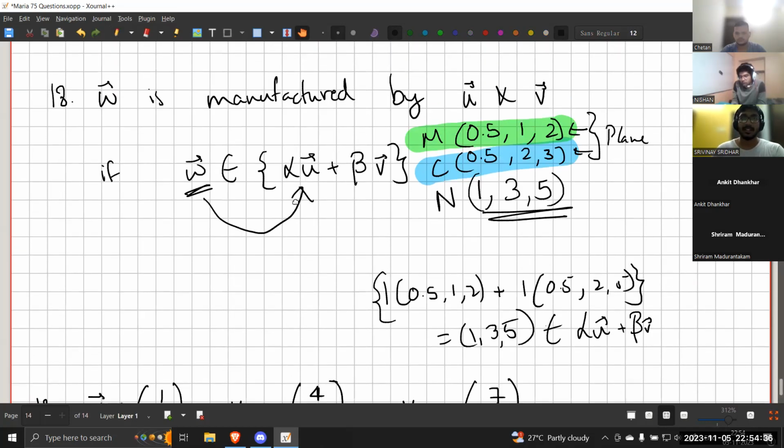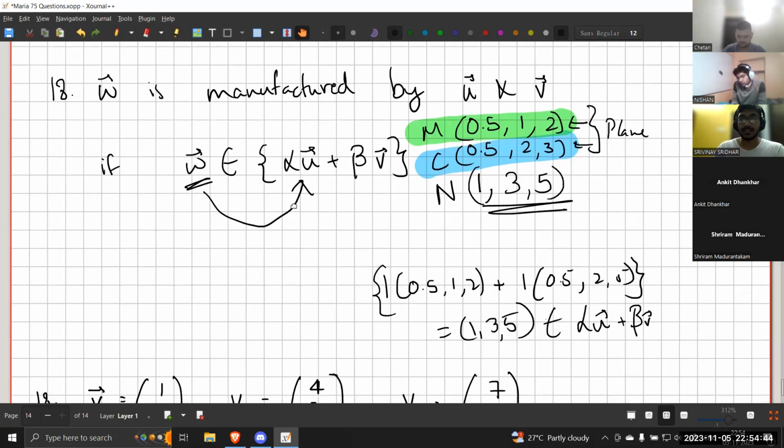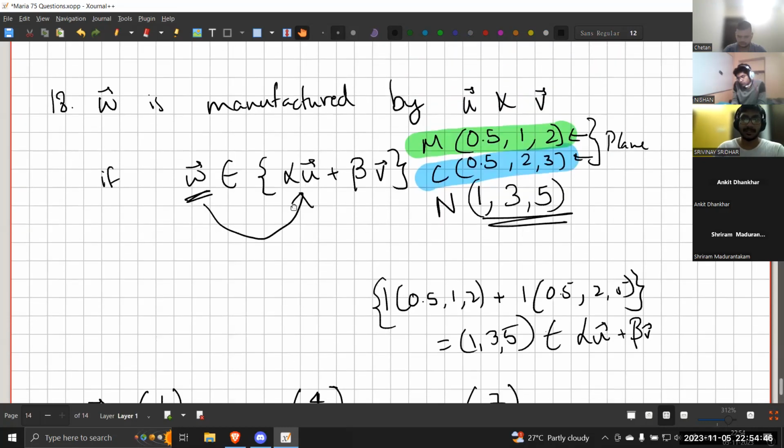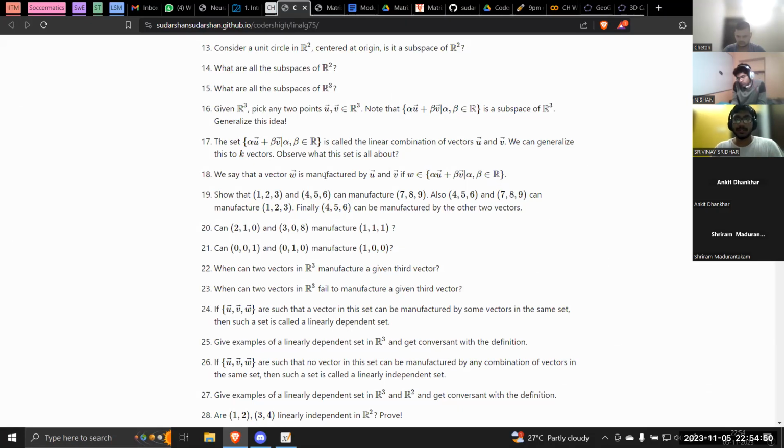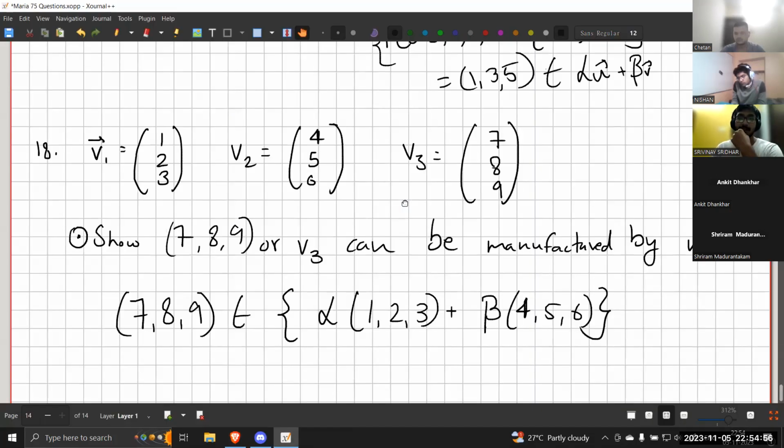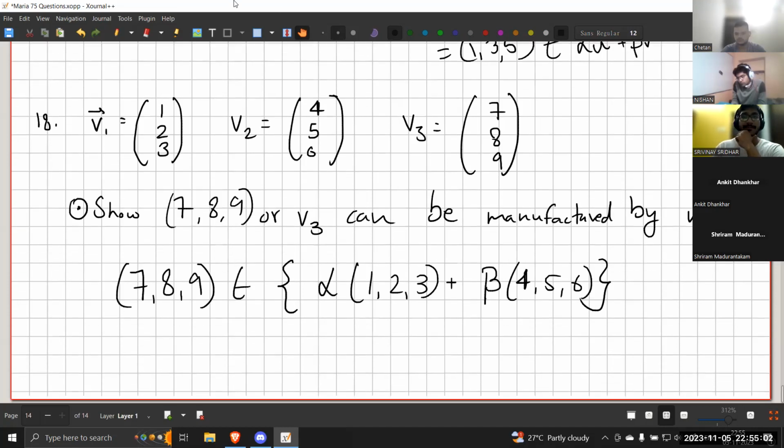We say the vector W is manufactured by U and V if W belongs to that set, and the set includes the linear combinations of the vectors it is being manufactured by. So they want us to show that 1, 2, 3 and 4, 5, 6 can manufacture 7, 8, 9. So 7, 8, 9 should belong to the points of all linear combinations of 1, 2, 3 and 4, 5, 6. How do we show this?